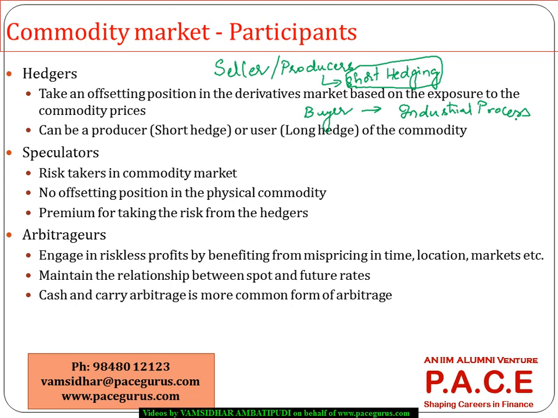The buyer of gold is the buyer of a commodity which goes into the cost of production. They want to make sure that the price of gold does not rise in future, so they go for a long hedge, which means they want to protect themselves against rising prices. So the buyers of commodities try to get into a long hedging position.